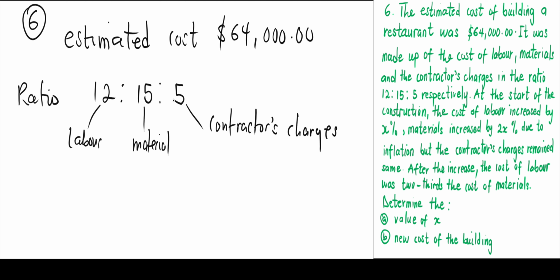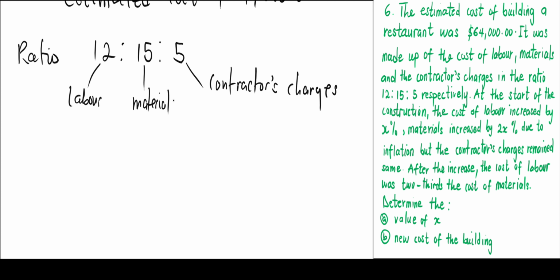All right. So whenever you have a ratio, you have to first find the sum of the components of the ratio. So we have to find a total, and that will give us 12 plus 15 plus 5. This will give us a result of, I think, 32.